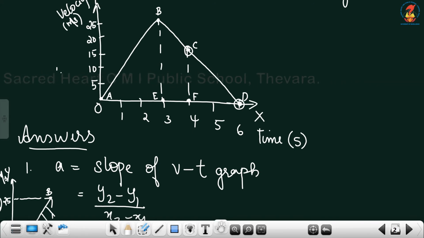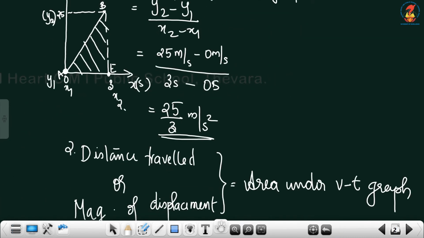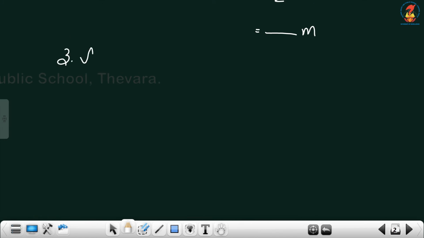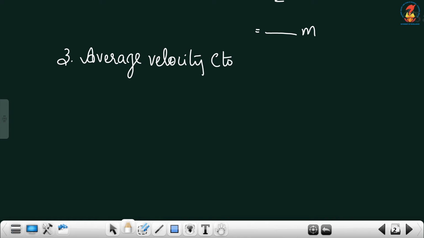Now, we need to find the average velocity of that portion. So, the third one: average velocity from C to D. The equation is (u plus v) divided by 2. That is the initial velocity plus final velocity divided by 2, which is the average velocity.